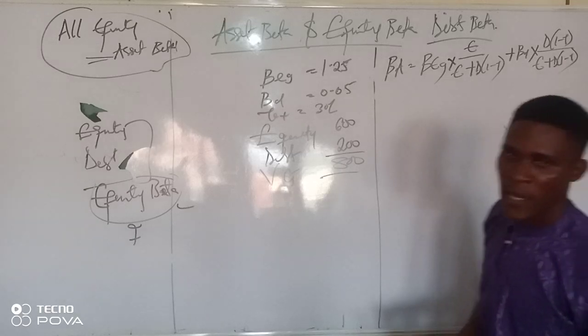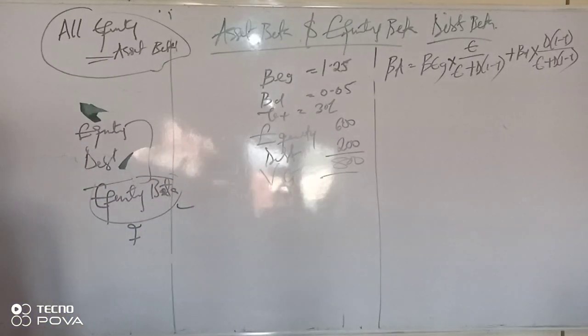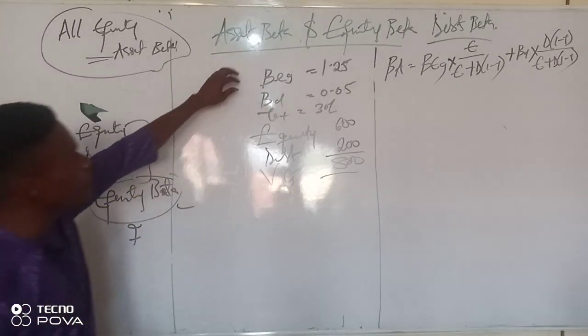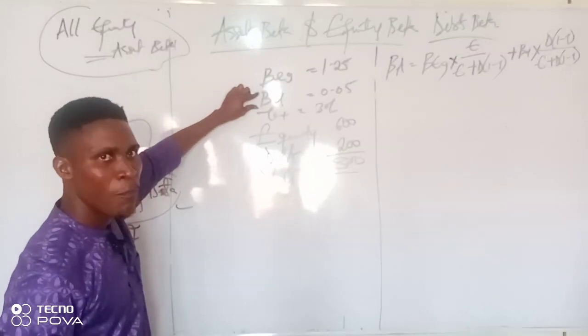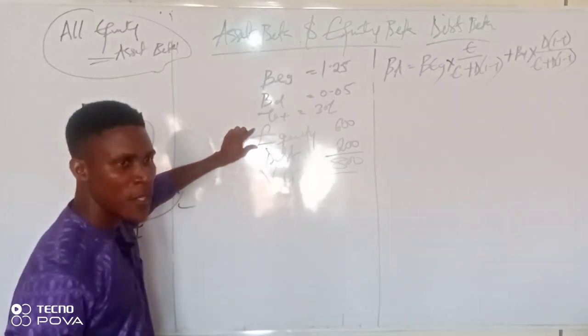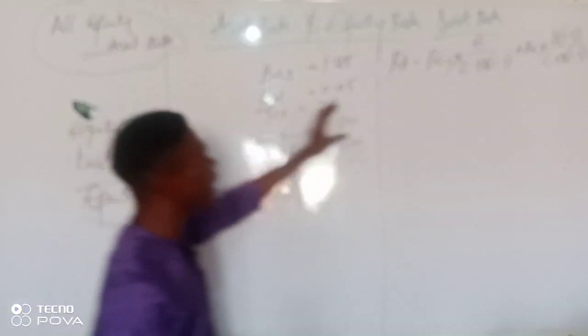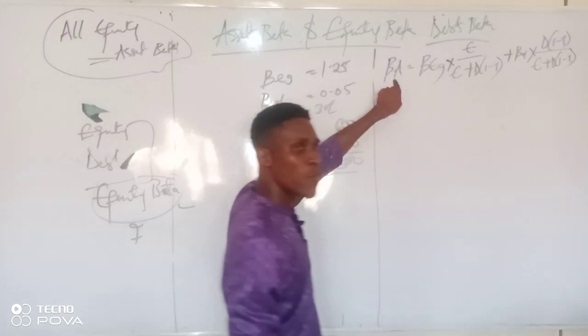Once you have this equation, what are we looking for? We are looking for asset beta, because in this question we are given the equity beta of a geared company, the beta of debt, the tax, the equity, and the debt. All these variables are available except the one we are looking for.